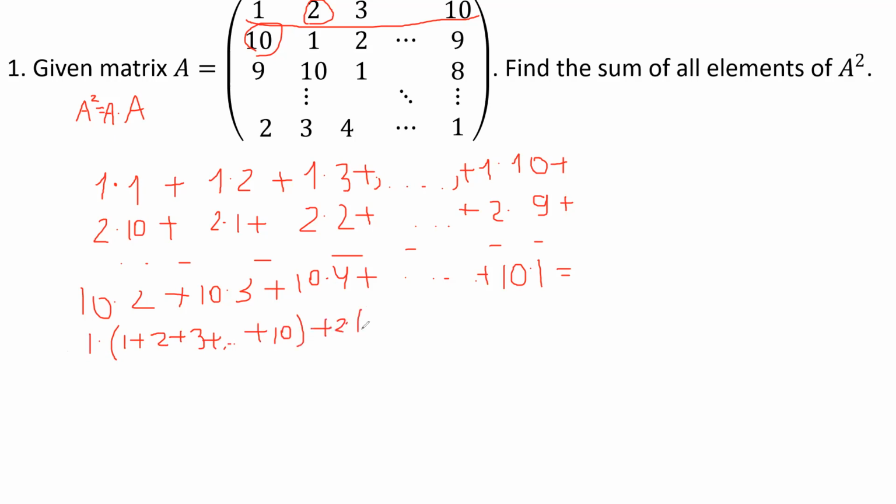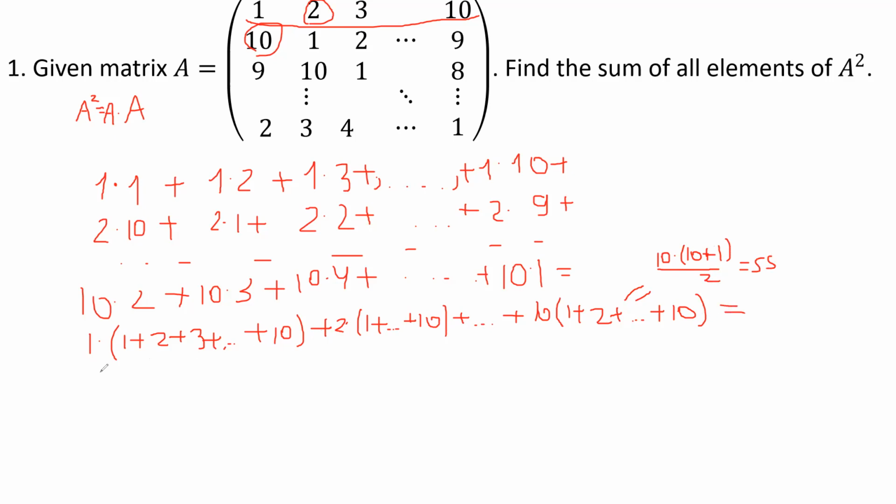Then we have the same thing with 2 and etc. with 10. So this sum is equal to 10 times 10 plus 1 over 2, which is 55.